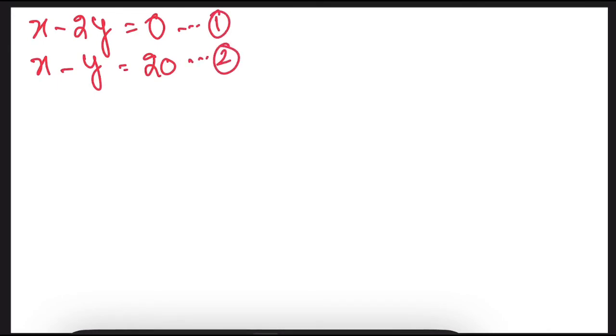Now you see the coefficients: the coefficient of x in the first equation is 1 and the coefficient of x in the second equation is also 1. So numerically they are equal, so we can eliminate. Now we shall apply the elimination method.